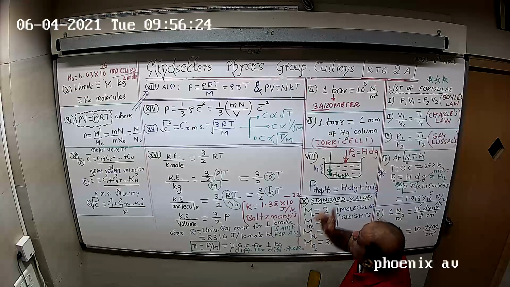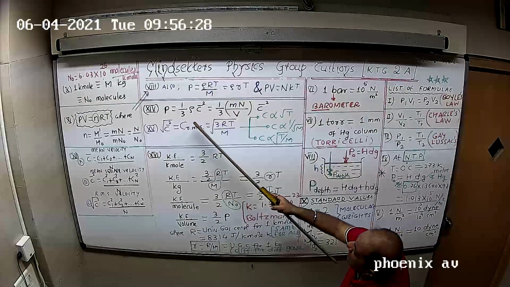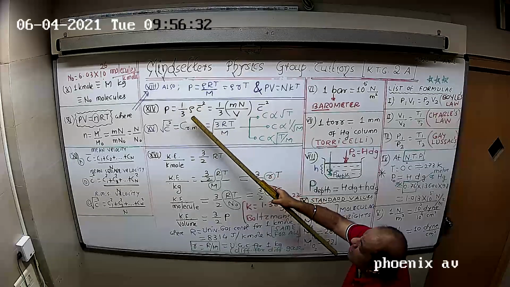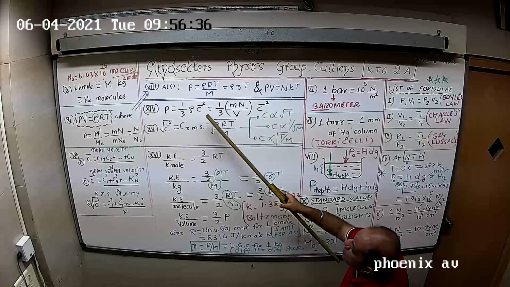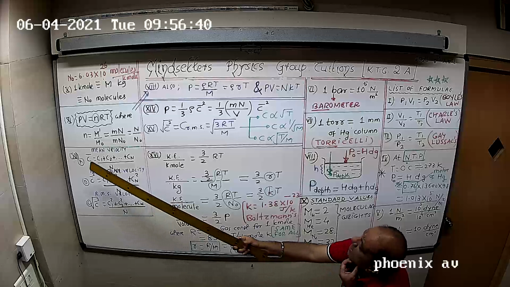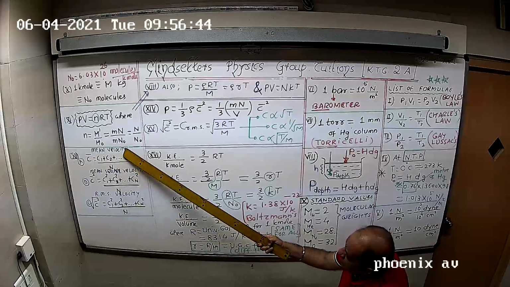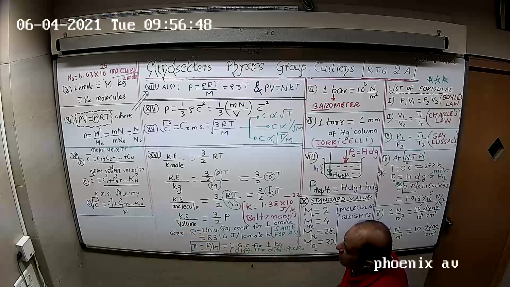Next, in the previous lecture, that is 1C, we came to one very important conclusion. Pressure exerted by a gas is 1/3 rho C square. So what do I mean by C square? Let us come here. In formula number 12, I am discussing three sub-formulae: mean velocity, mean square velocity, root mean square velocity.